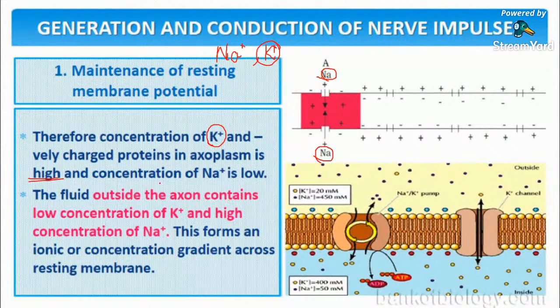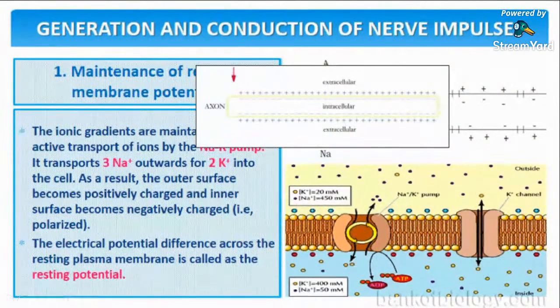And the concentration of sodium is low. So you can see that the axoplasm contains a low concentration of sodium, and the outside of the membrane contains a low concentration of potassium and a high concentration of sodium, right? So this creates a small potential difference in the neuron.